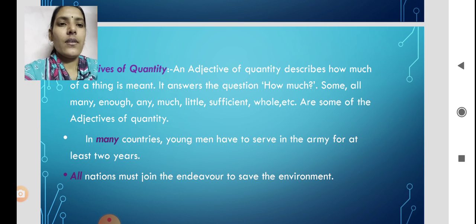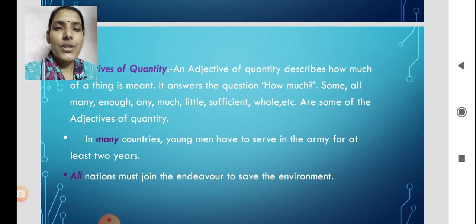If we ask a question by how much, we will get answers like some, many, enough, all, much, little, sufficient. This type of answer we get when we ask by how much.